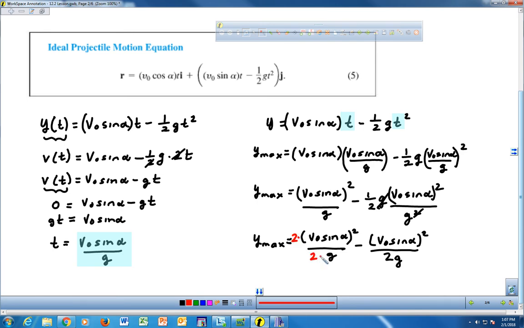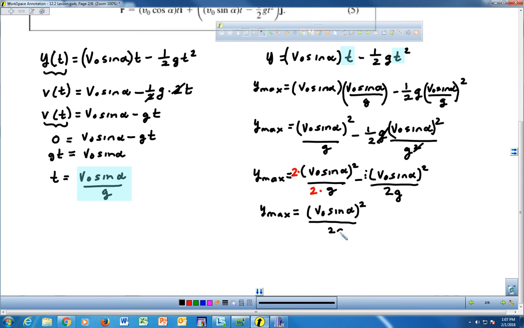So I'm going to multiply this one times 2, and we're left with the maximum height given by twice the initial velocity times sine of alpha squared minus once the initial velocity times sine of alpha squared, which is just one initial velocity times sine of alpha squared divided by the denominator, which is 2g.